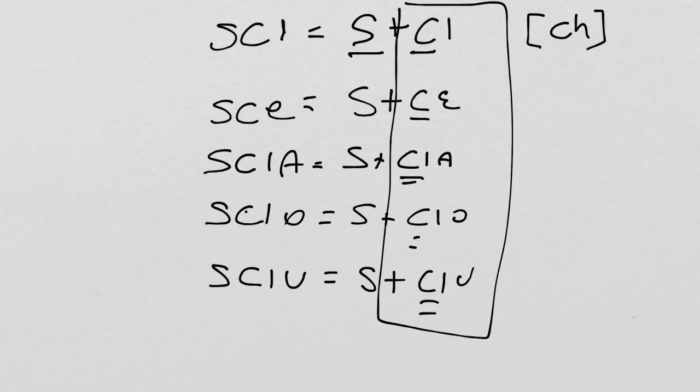So if we want to represent it with a formula, we could say that S plus ch plus vowel equals the various sounds of sh. She, she, sha, sho, shu. And it's done.